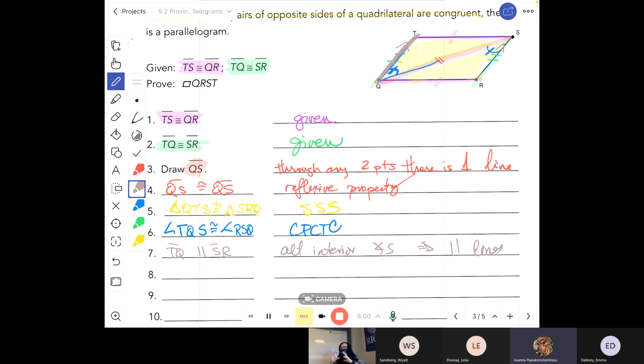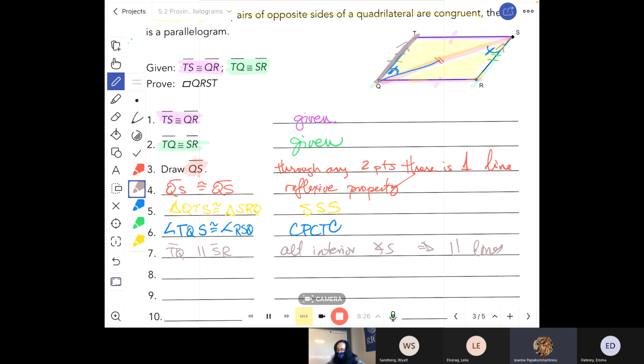We went ahead through the fact that those two triangles were congruent to show that these alternate interior angles were congruent. Yes, we're going to exhaust all the pieces.